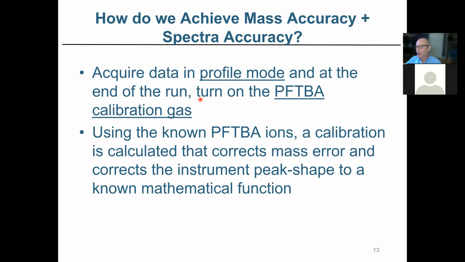So at the end of the run, the oven cools down for about 15 to 20 seconds, you turn on the gas. We can look at that and we can build this calibration, which gives us this high mass accuracy, high spectral accuracy.